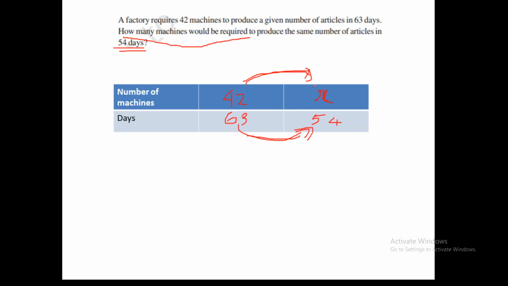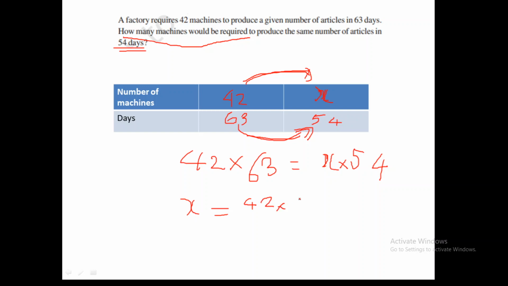So here inverse proportion. So how to do it? 42 into 63 is equal to x into 54. Then x is equal to what? x is equal to 42 into 63 by 54.